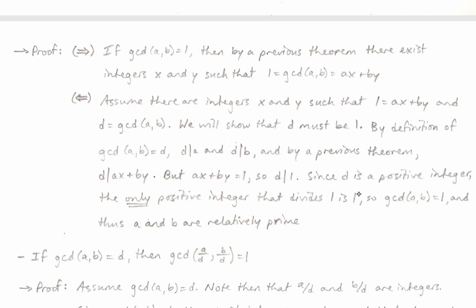Well, by our assumption, ax plus by is equal to 1. So d has to divide 1. Now this only leaves two options for d. d is either -1 or d is +1. I'll just make that note on the side here.